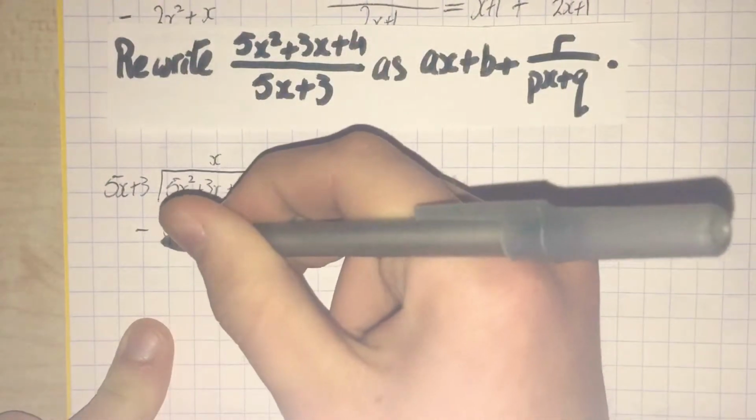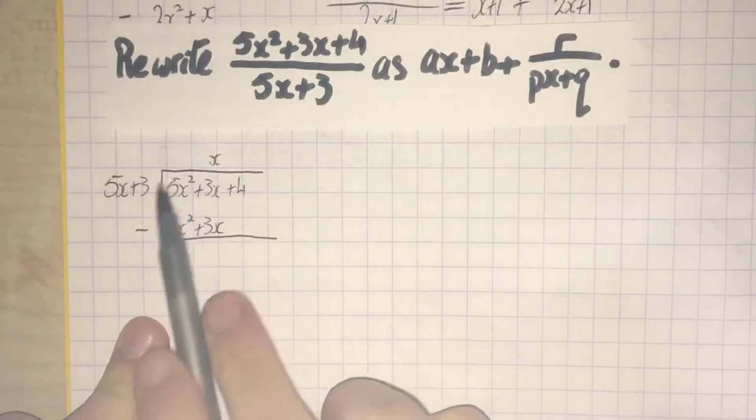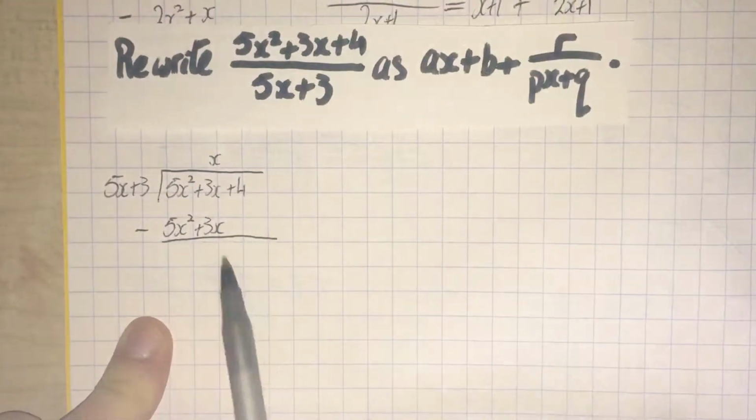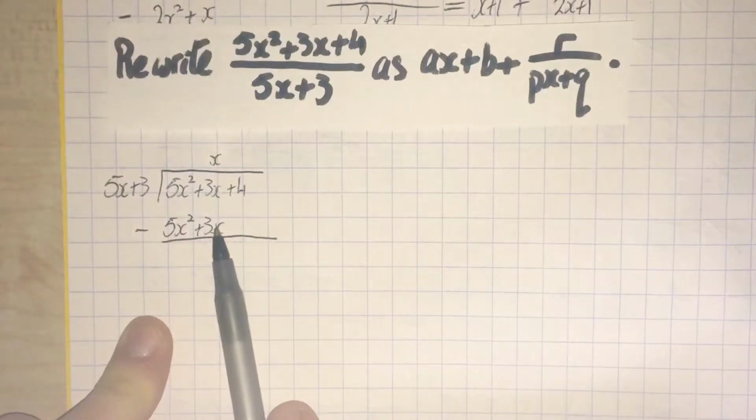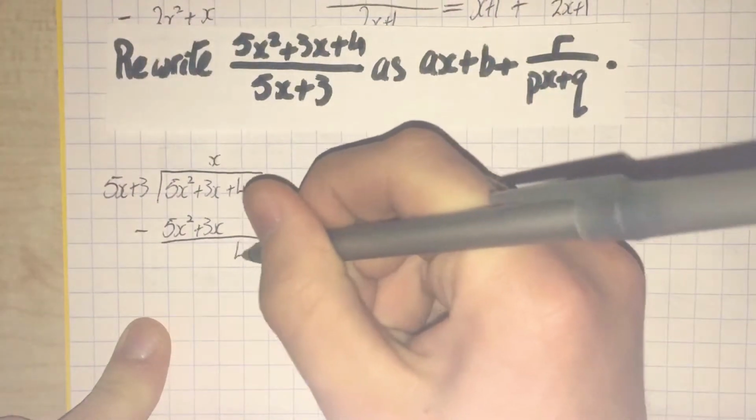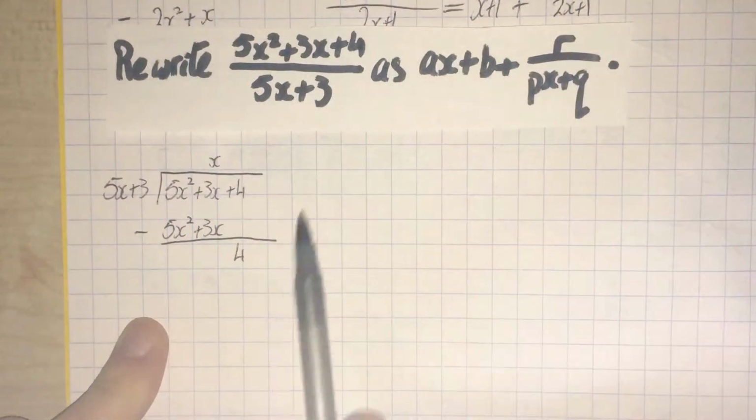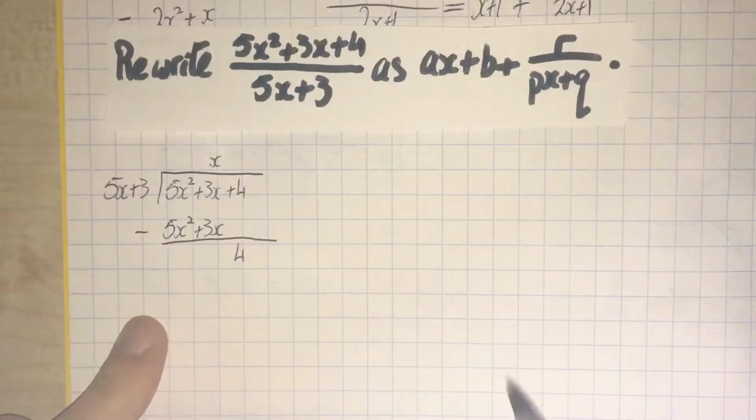And we're minusing this off, which means that will cancel off, and you may have noticed that the 3x actually cancels off as well, which only leaves us with 4, making this a very nice example.